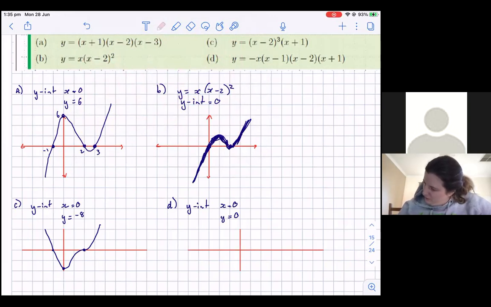Hang on, let me double check. So it's going to go through 0, +1, +2, and -1. If I chuck in, for example, -10, I'm going to have negative, negative 10, so a positive, times a negative, times a negative, times a negative, which means it's going to be a negative. So it must be going zoom, zoom, zoom, zoom.